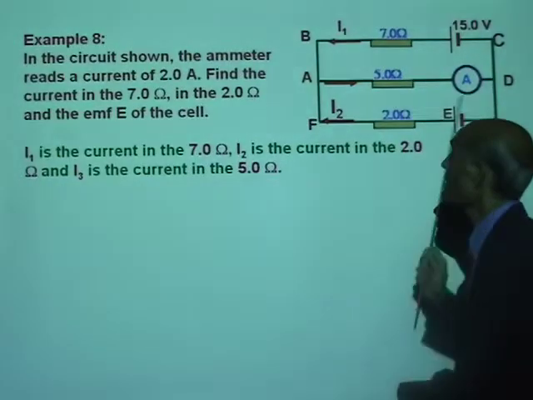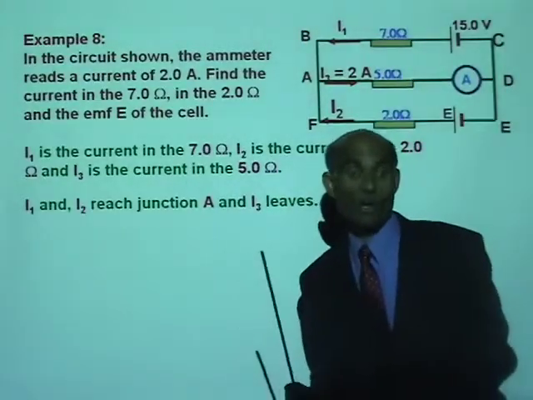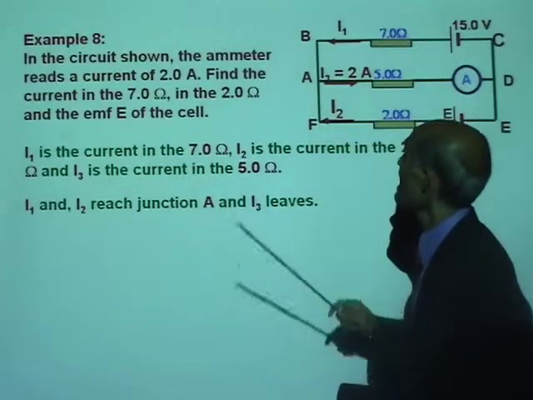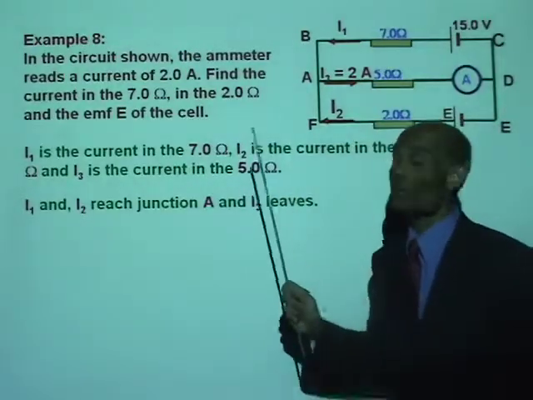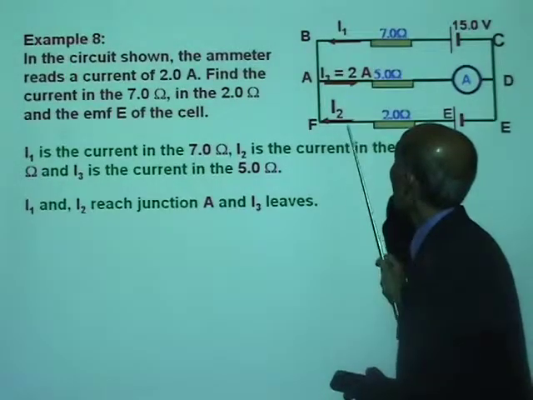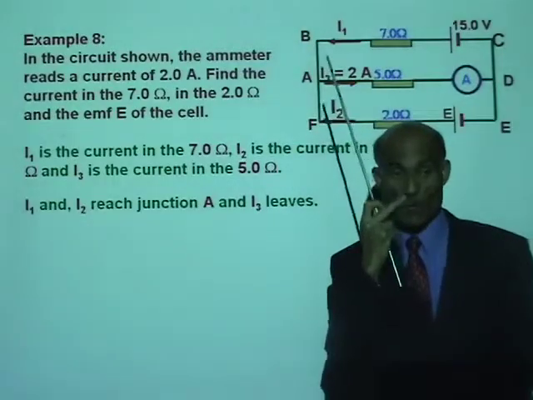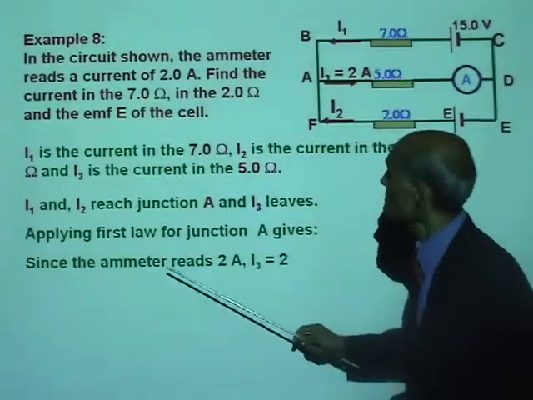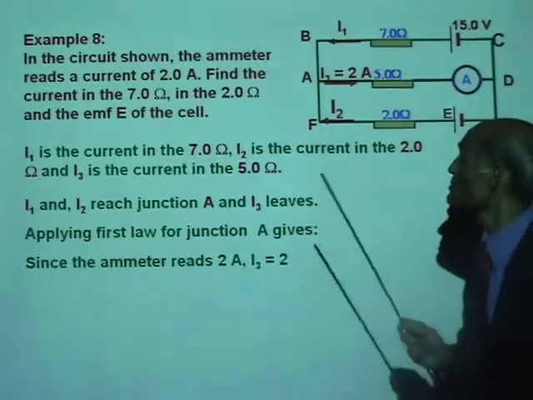Once this is done, our task is much simpler. First of all, we can use the first law of Kirchhoff for junction A and write an equation. Can you write an equation using Kirchhoff's first law applied to junction A? I1 reaches A, I2 reaches A, I3 leaves A. Well, we are told that the ammeter reads 2 ampere.